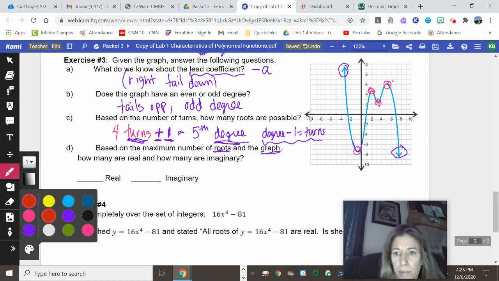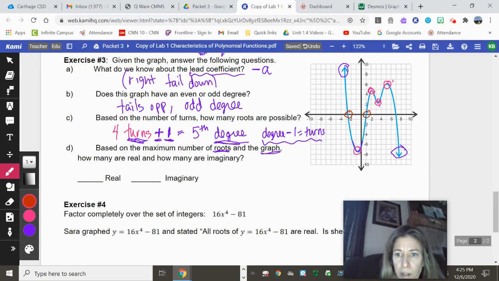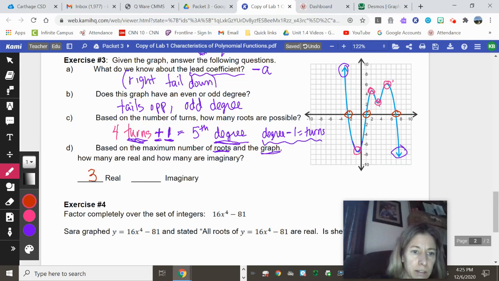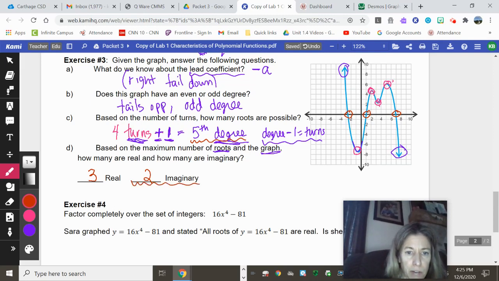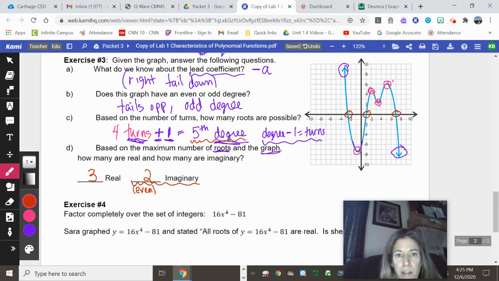Since I only have 3 roots where it crosses the x-axis, I know that 3 are real. Therefore, it's looking like a 5th degree. 2 would have to be imaginary. And I mentioned at the beginning that imaginary roots always come in pairs. So you always have to have an even number of imaginary roots, which is working out for us.